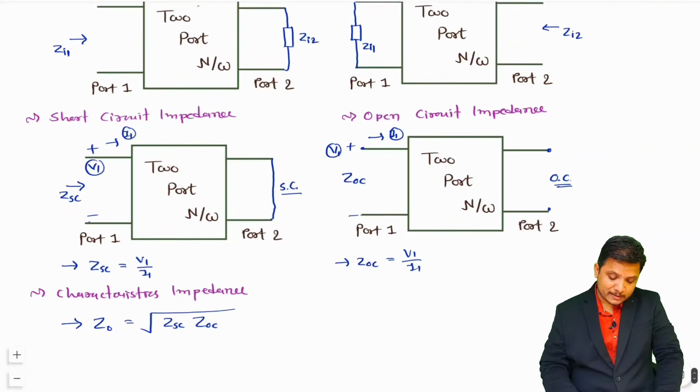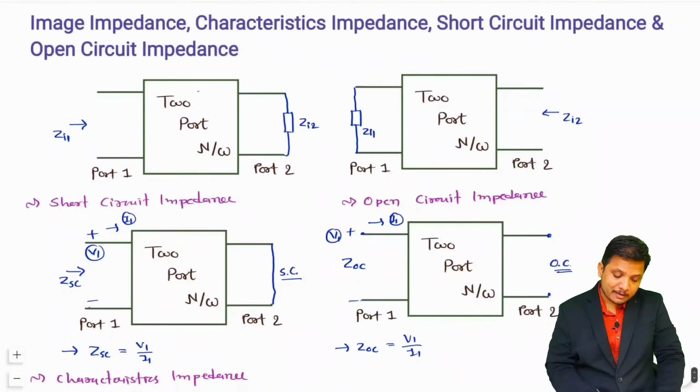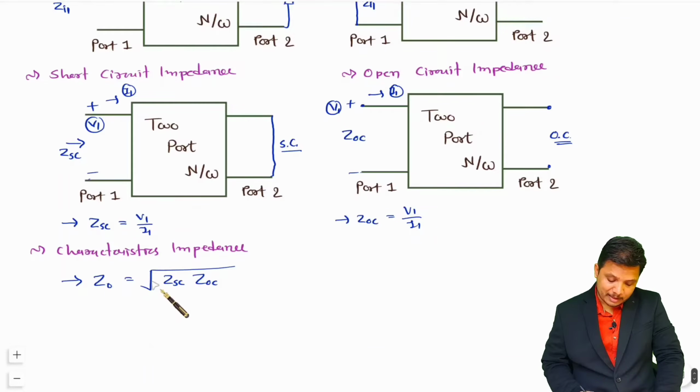Now my dear students, as I have said, the measurement of image impedance is based on characteristic impedance. Here we have provided short circuit and open circuit at port 1, so this Z0, which is the characteristic impedance, is the characteristic impedance measured at port 1.